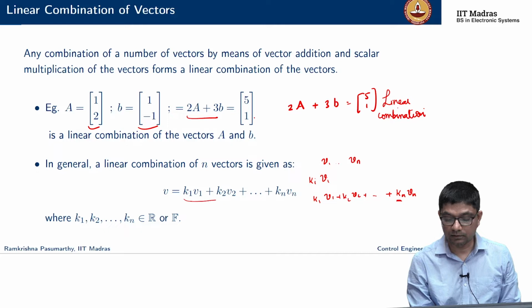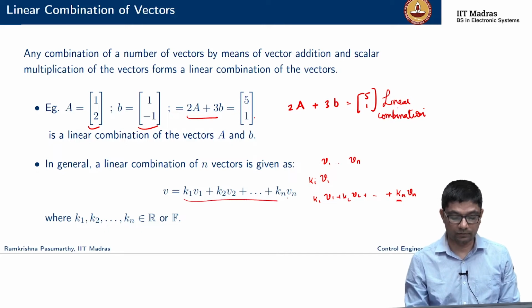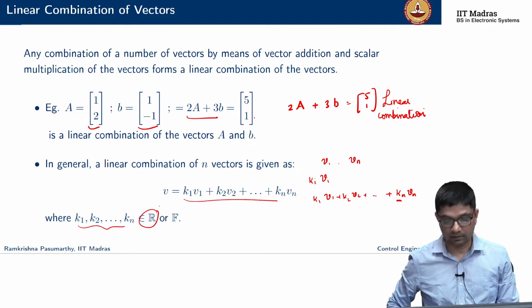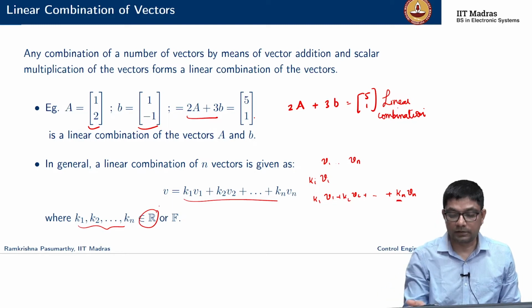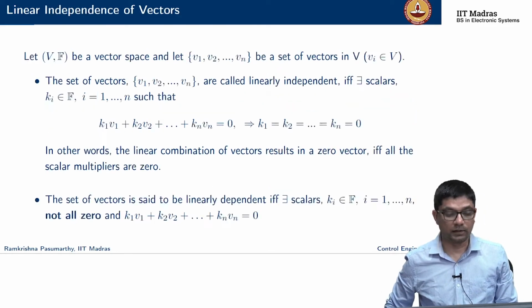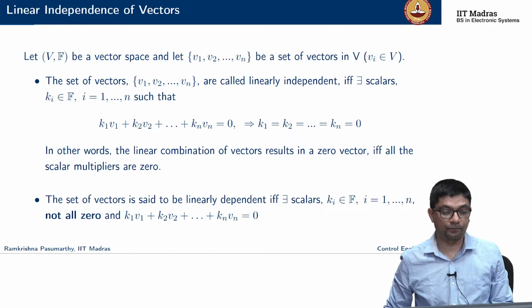So this is called the linear combination, where all these k's belong to the real numbers. This could also be minus 2A minus 3B, so it's nothing to do with the numbers just being positive.